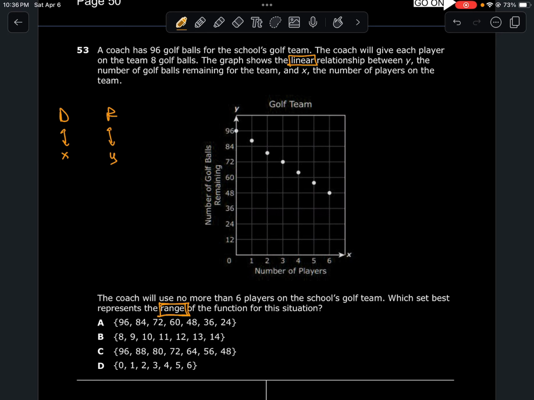Although I could use one more. The x is on the horizontal axis and the y is on the vertical. So when I'm looking for the range, I need to look on the vertical axis. Okay, what does that mean? How do I look for it? I project on the vertical axis.